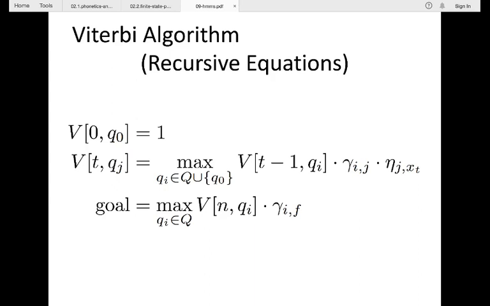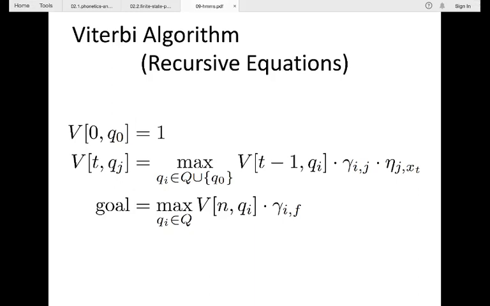That's this step here. So you're trying to find the max for every state in Q, including Q0, of the previous time step, the previous column of that row, times the transition probability from I to J, times the emission probability for that word.